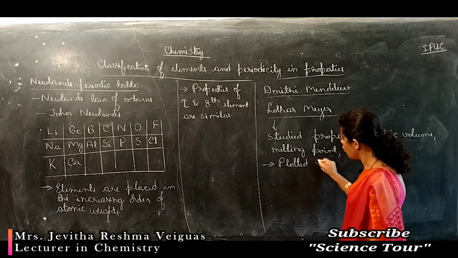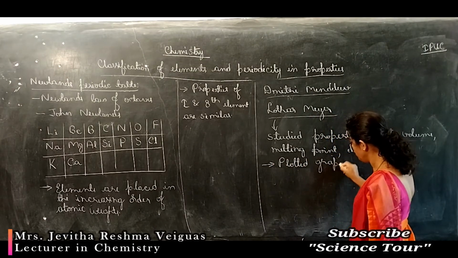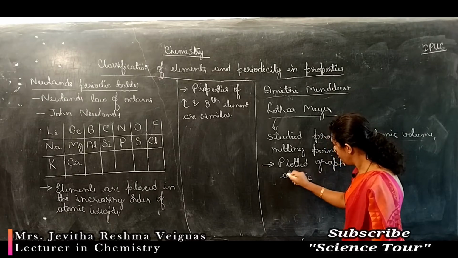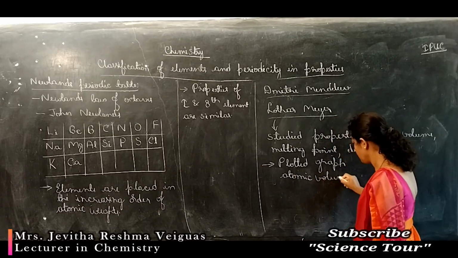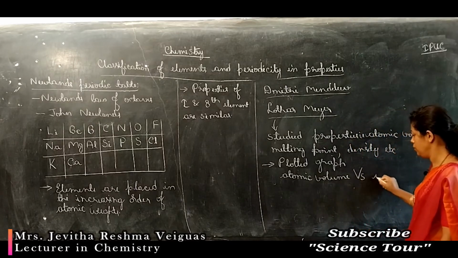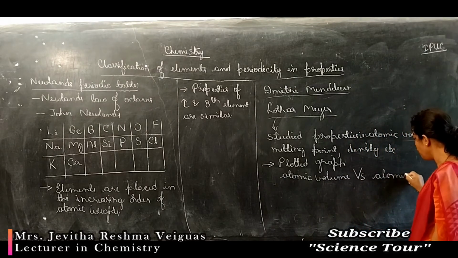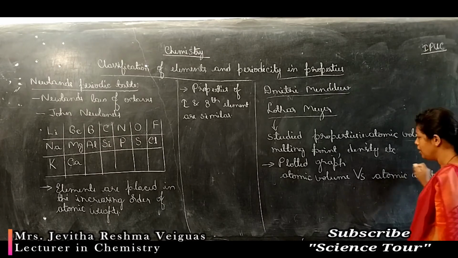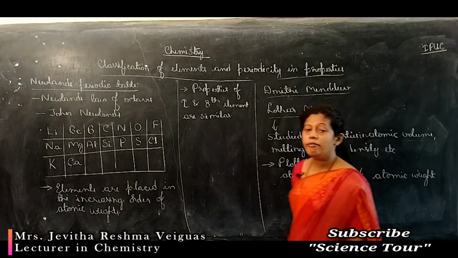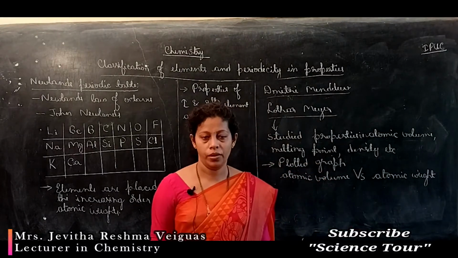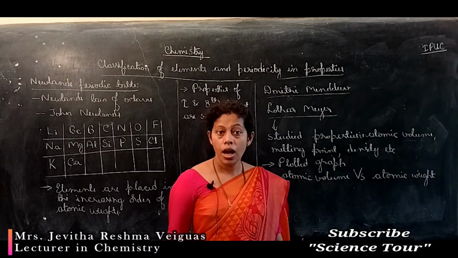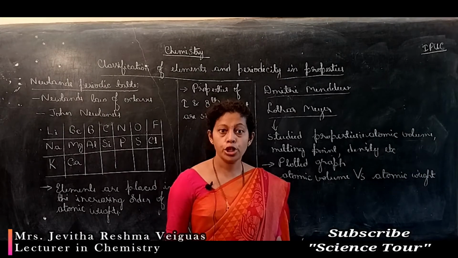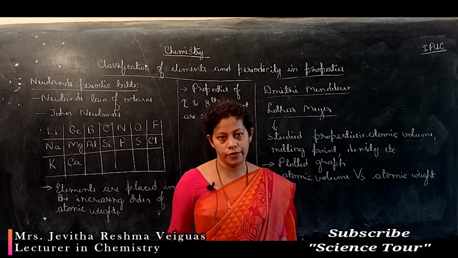The graph plotted is atomic volume versus atomic weight. He plotted a graph of atomic volume versus atomic weight, or any physical property versus atomic volume. What he found is that elements with similar properties show similarity in graphs.